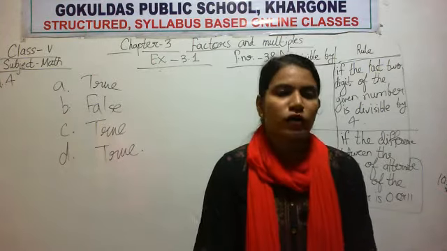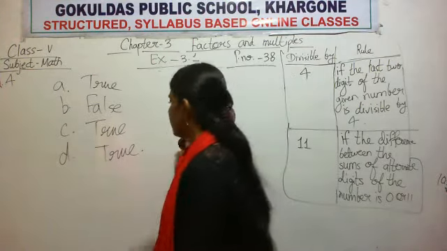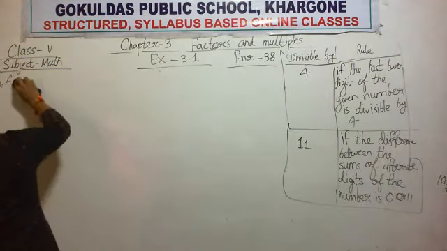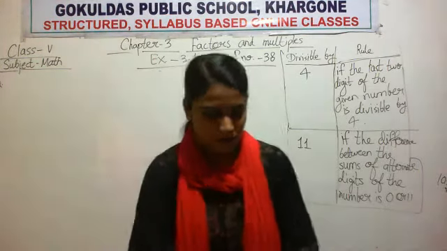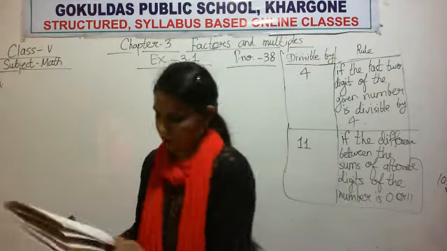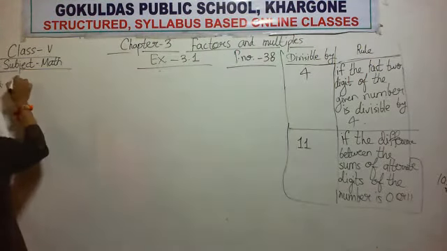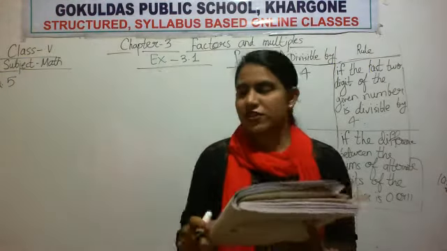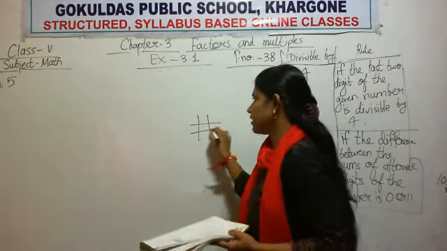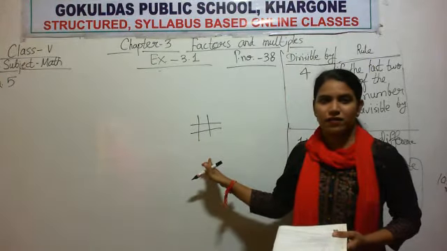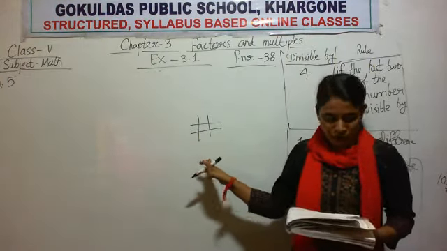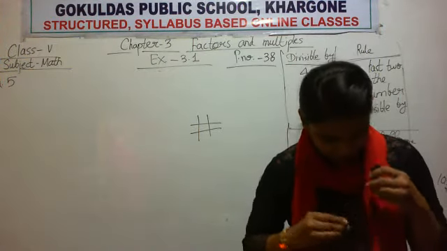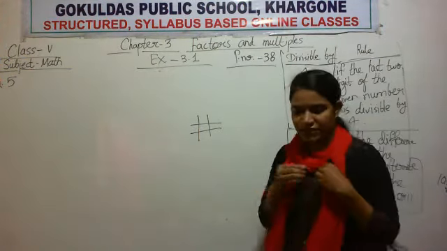Okay, now let us move to question number 5. Here, replace the hashtag. In Instagram you use it, right? Those students who access Instagram know about it. The symbol is hashtag.